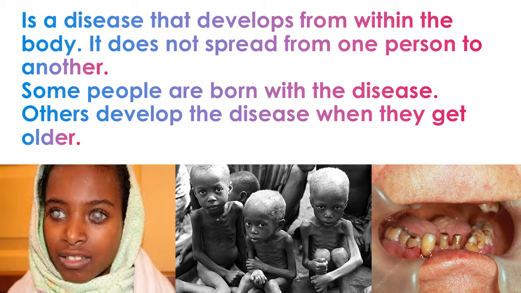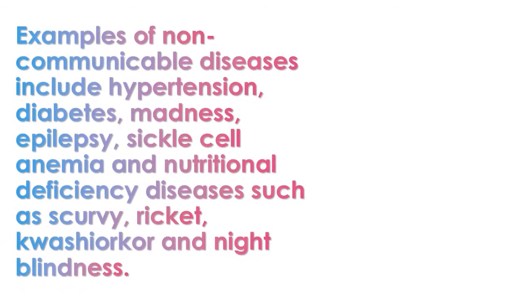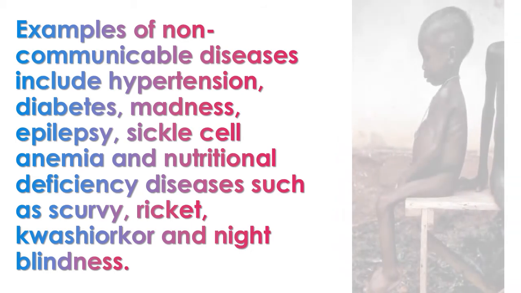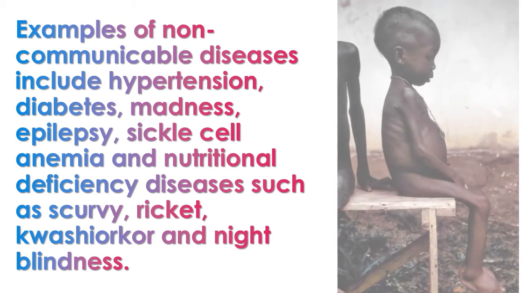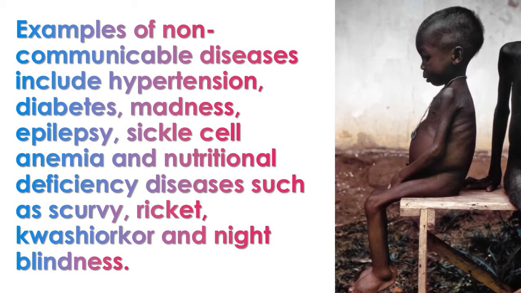We will now be looking at some examples of these non-communicable diseases. We have hypertension, we have diabetes, we have madness. When you talk about diabetes, that is why I said sometimes it comes as the person is what? Aging. Diabetes is excess of sugar in the body system.